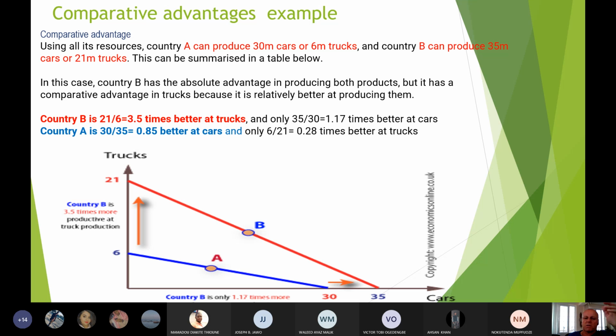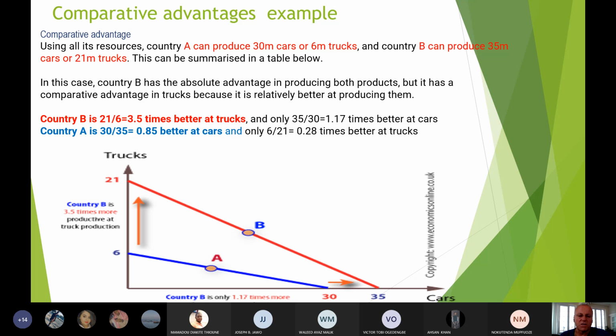And if it is price, you see B is better off in any case. You understand? For the absolute advantage story, you look at the numbers, the units, or the price. And here, as I said, B has the absolute advantage in both products.